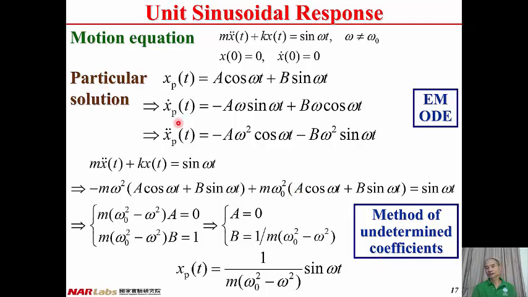Take the first derivative. We have x_p dot equal to minus a omega sine omega t plus b omega cosine omega t. Take the derivative again.